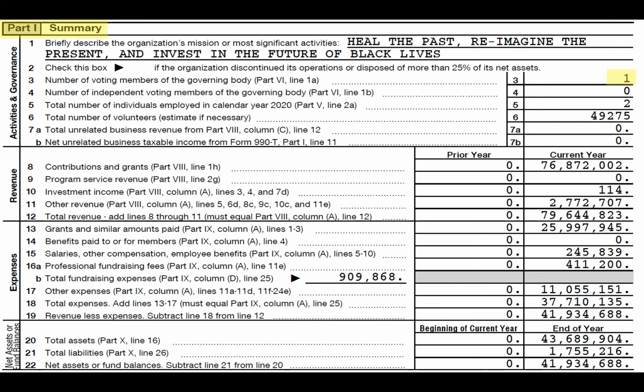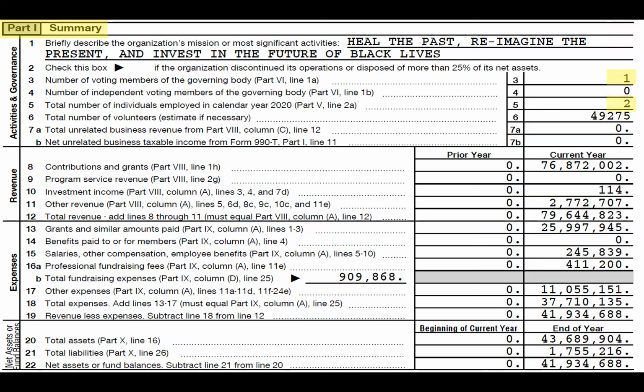So in 2020, Patrisse Cullors was the only person serving on the board of directors of a $90 million nonprofit organization. How is that possible? How is that sensible? So that's a red flag for me.